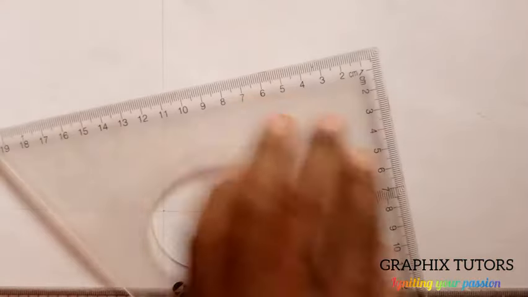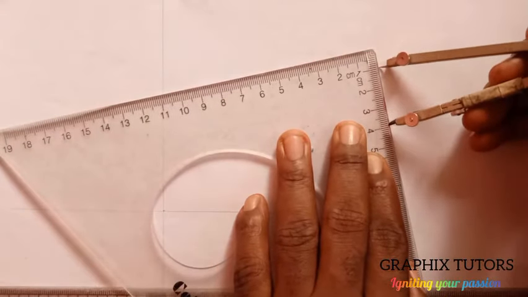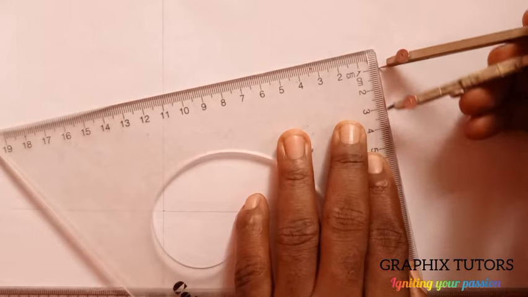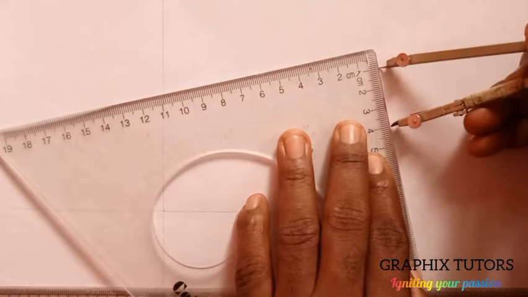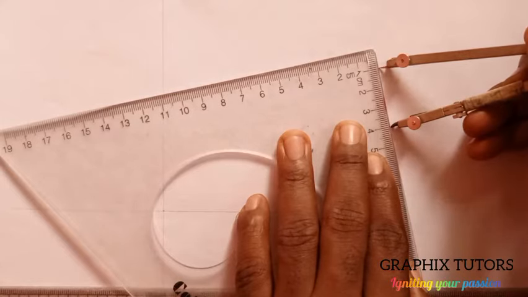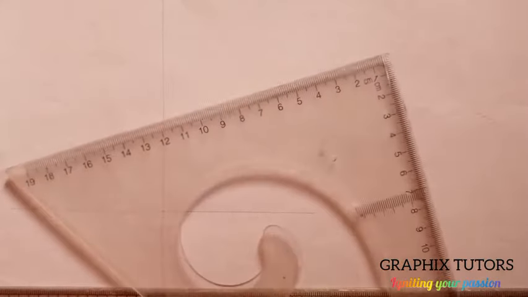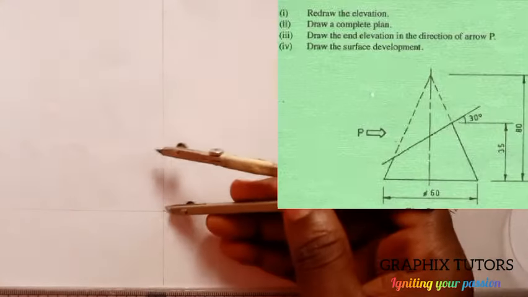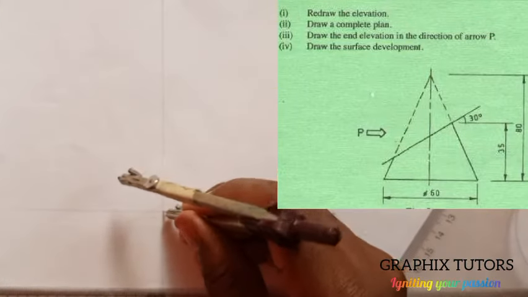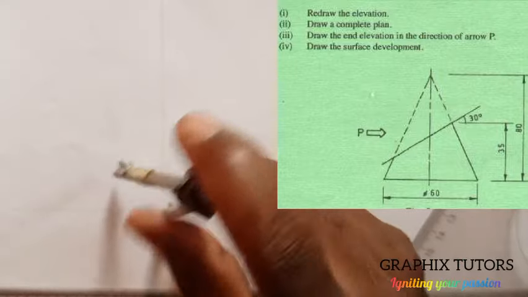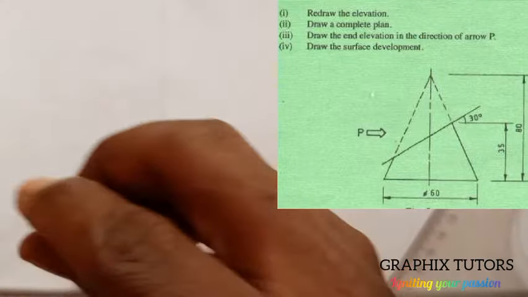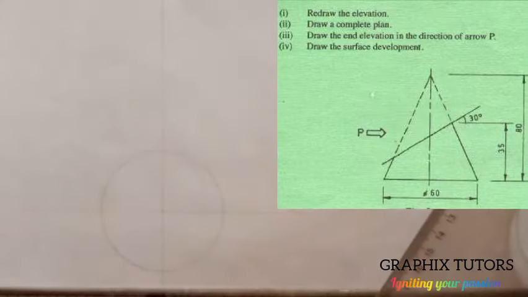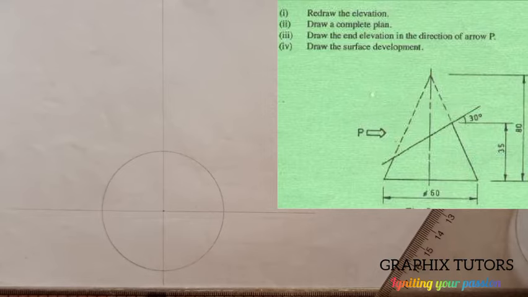From 1 is 0, 2 is 10, 3 is 20, 4 is 30, since I'm starting from 1, right? And I'll place it at the center here. Then I'll draw my circle. I'm going to thicken it. Thicken the circle. You can see that? That is the first thing you do.